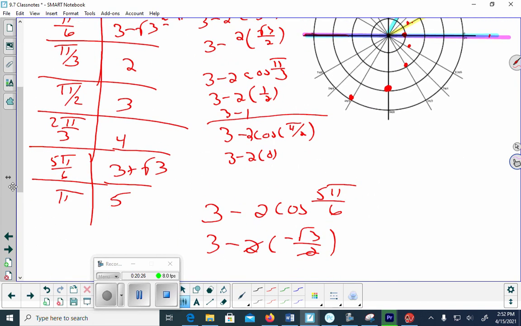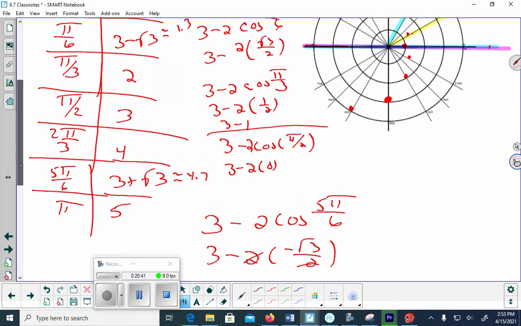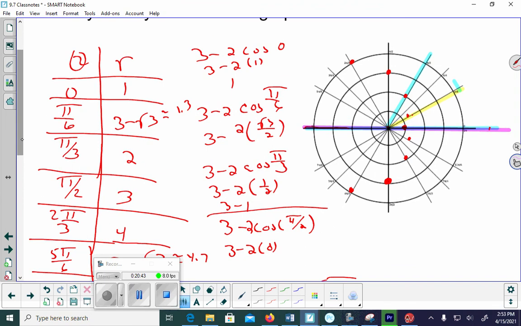5 pi over 6, and then 3 plus root of 3, which as a decimal is, drum roll please, 4.7. So that's going to be off my graph. Sorry about that. So 5 pi over 6, 4.7. Let's say that's about here. Map it, about there.